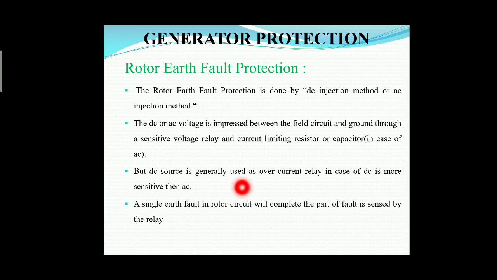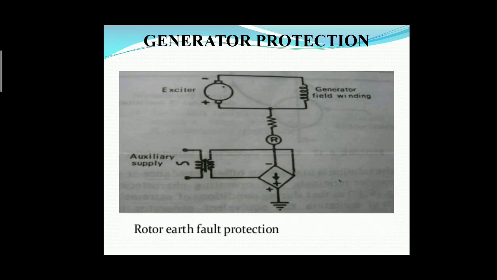A single earth fault in the rotor circuit completes the path, and the fault is sensed by the relay. If any one earth fault occurs, the relay senses it. This is the rotor earth fault protection.